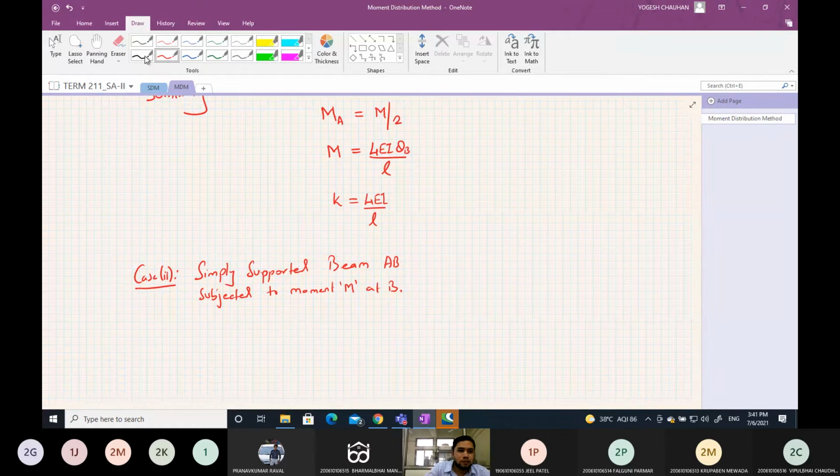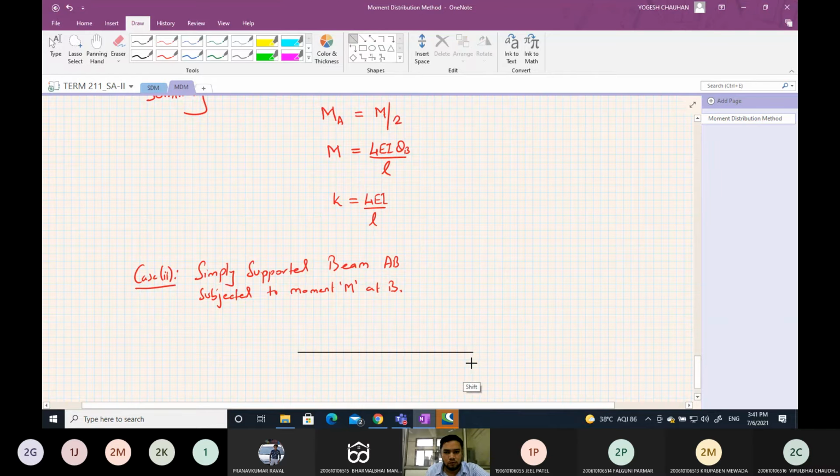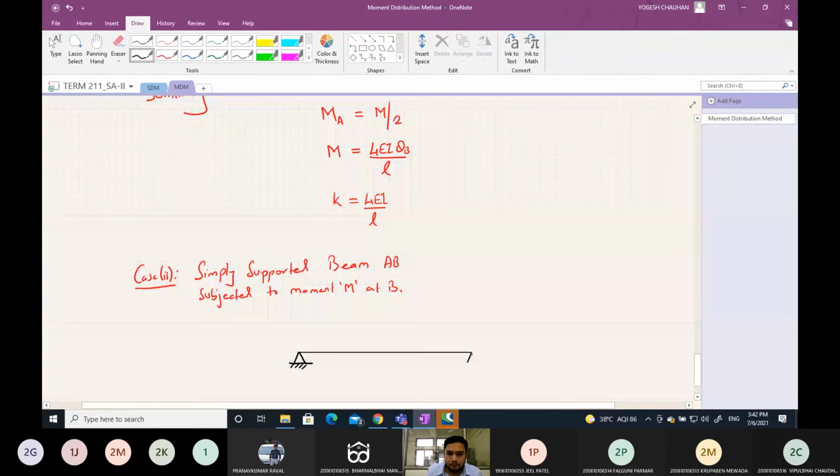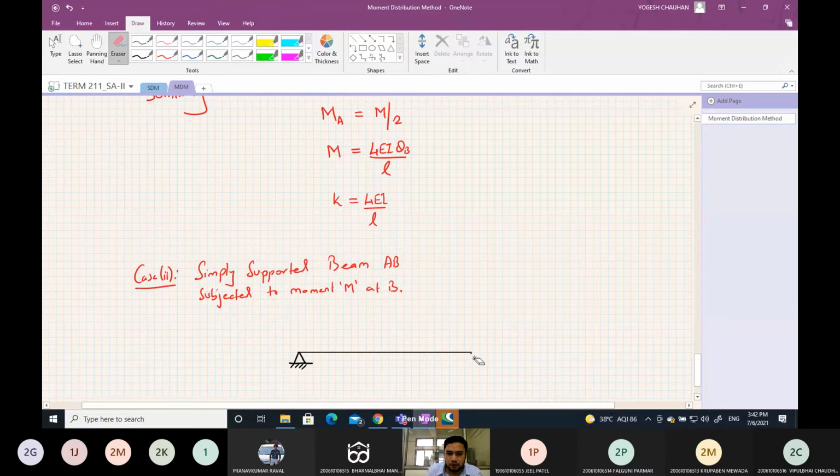Now consider a simply supported beam AB, just drawing the reaction.